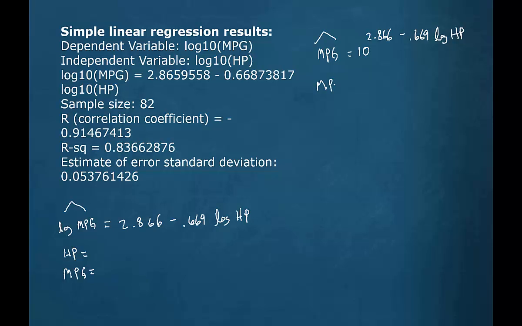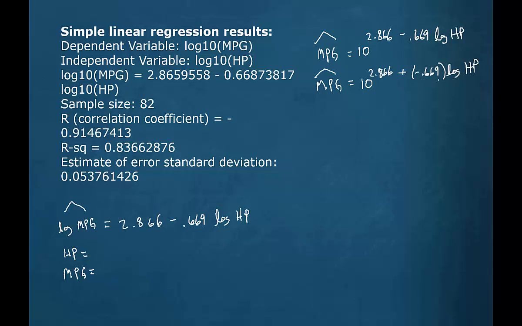we multiply with like bases. So I think I'm going to do a little bit of manipulating here. And remember that subtracting is the same as adding the opposite. So I could call this plus minus 0.669 log horsepower.